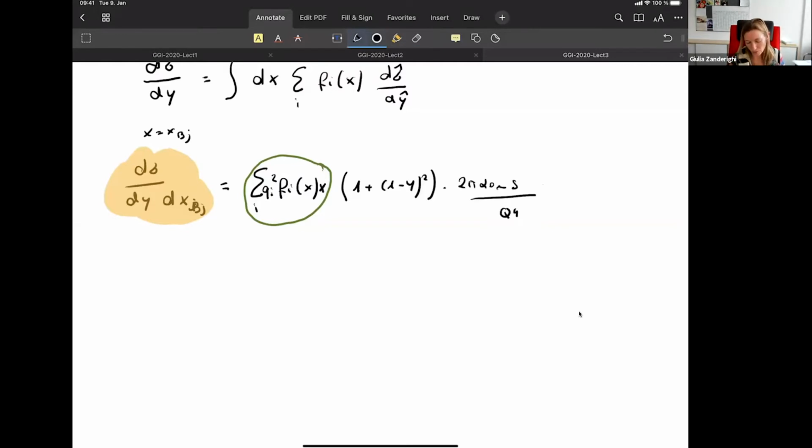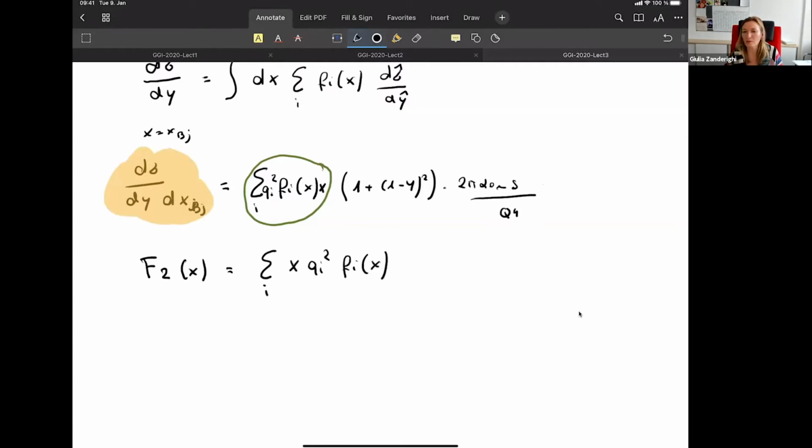Now this combination really describes the structure of the proton when you do this type of scattering. So it even has a name, and it's called the structure function, or F2, the F2 structure function. This is really defined as the sum over i of x q_i squared f_i(x).